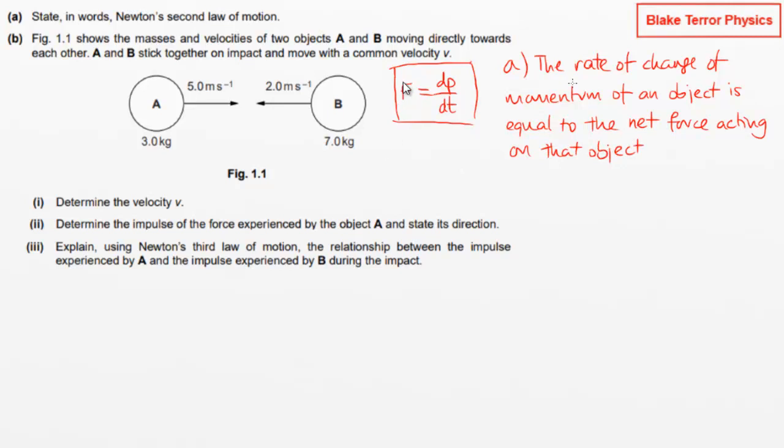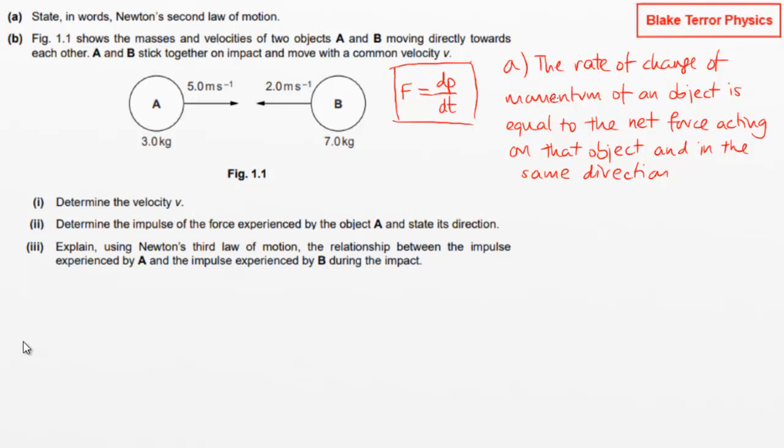So we've got most of it down here, as we said, what the right hand side and left hand side are, but remember we've got vectors all over the place here. So we need to also put in "and in the same direction". There's no minus sign thrown around in here. So the direction of the force and the direction of the change in momentum are the same.